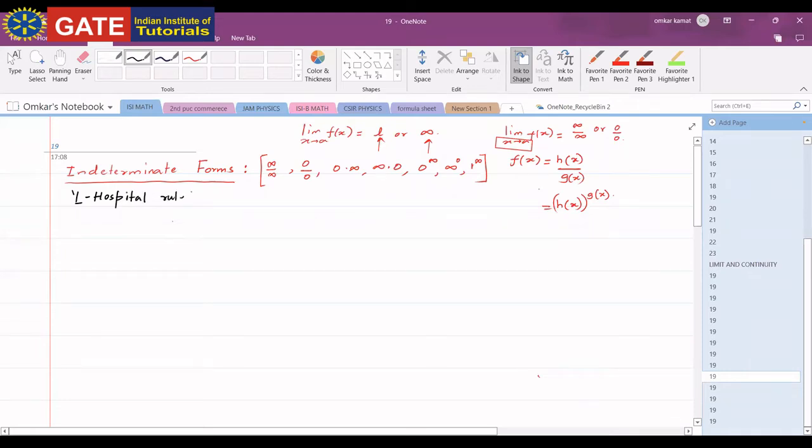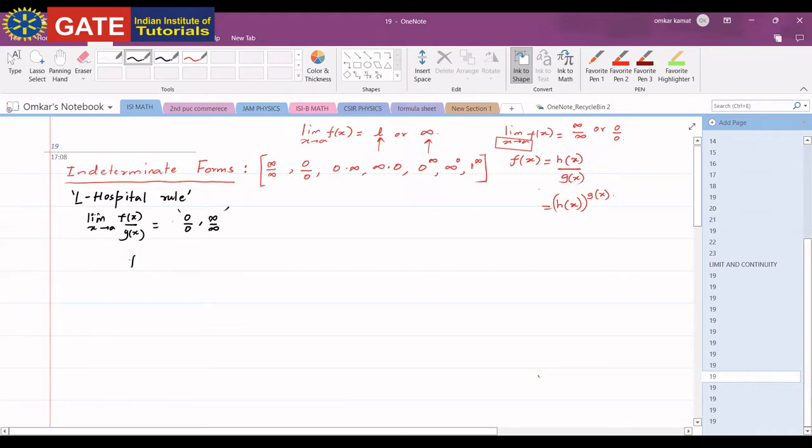Now, what is this L'Hopital rule? If on substituting the limit x tends to a, f of x by g of x is equal to either 0 by 0 form or infinity by infinity form, then L'Hopital rule is valid only for these two indeterminate forms, and the limit is tending to a finite value a.